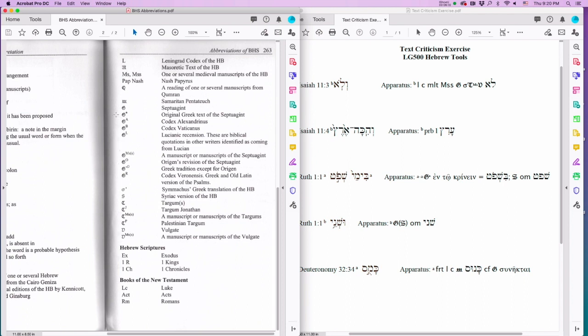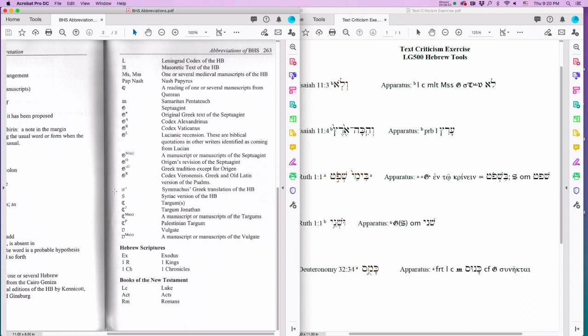For example, the original Greek text as it is reconstructed, Codex Alexandrinus, an important Greek Septuagint Bible, Codex Vaticanus, likewise, a version of the Septuagint that comes from Lucian, Origen's revision of the Septuagint, the Greek tradition except for Origen, Codex Veronensis, which is the Greek and Old Latin version of the Psalms.